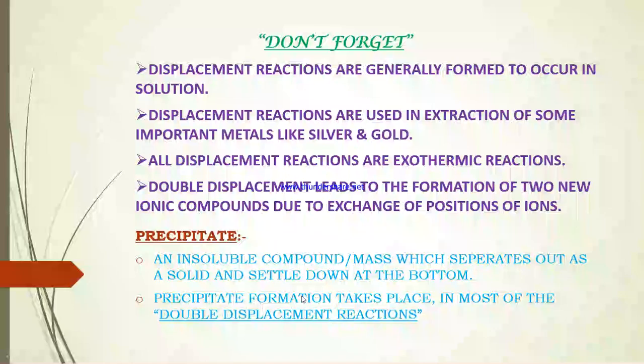Precipitate formation takes place in most double displacement reactions. So we can say that most double displacement reactions can also be called precipitation reactions, meaning there is formation of precipitate in these reactions.